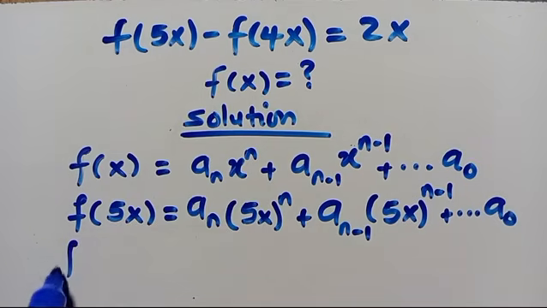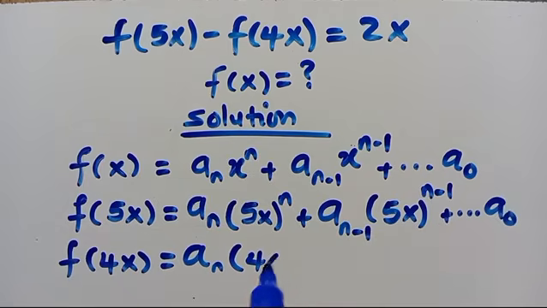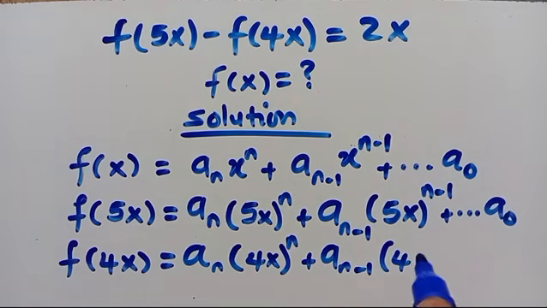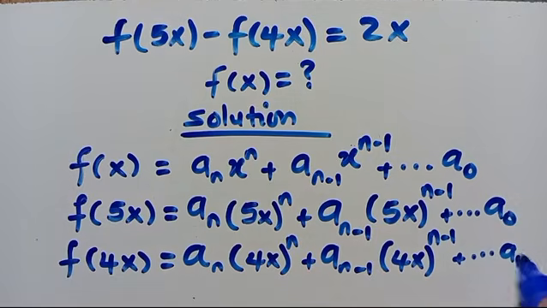Then from here, f(4x), we have a_n, then we have (4x) to the power of n plus a_(n-1) times (4x) to the power of n minus 1 plus dot dot, we have a naught.